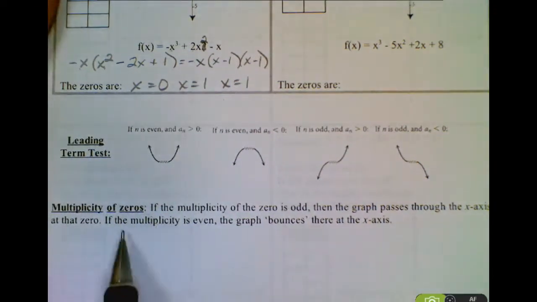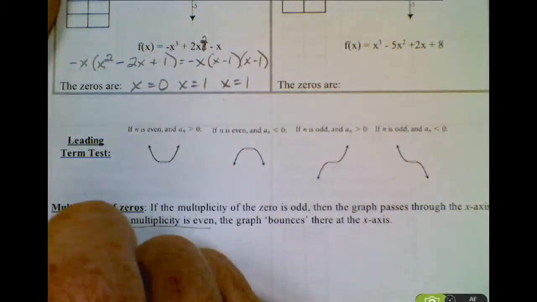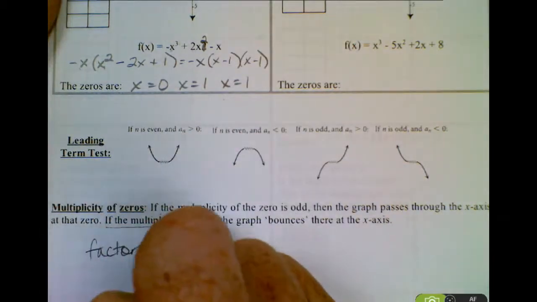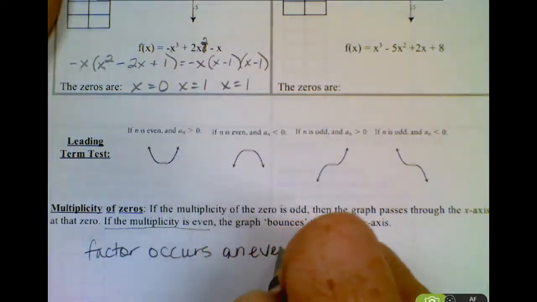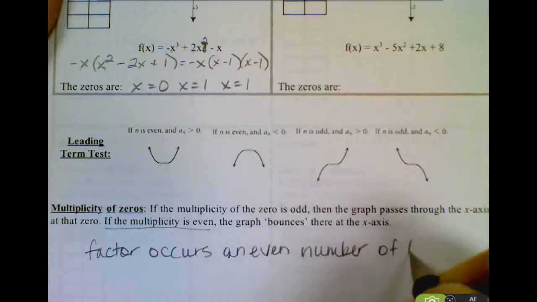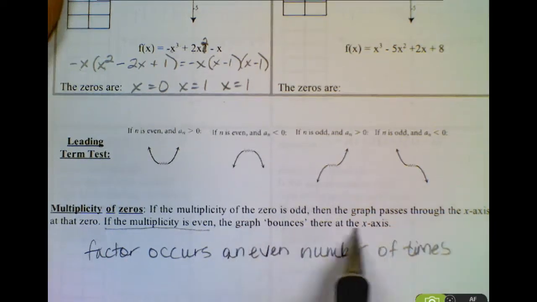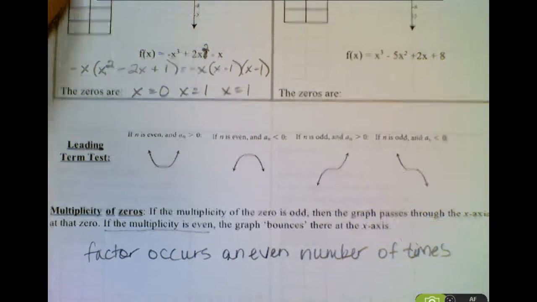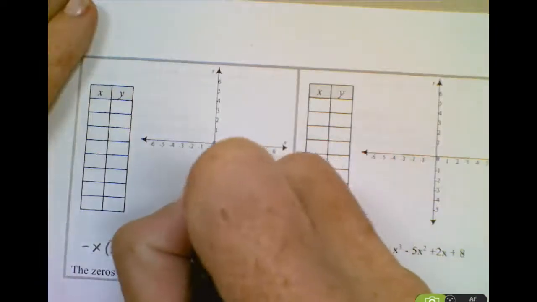If the multiplicity is even, meaning the factor occurs an even number of times, then the graph bounces there at the x-axis. So here we have 0, 1, and 1.